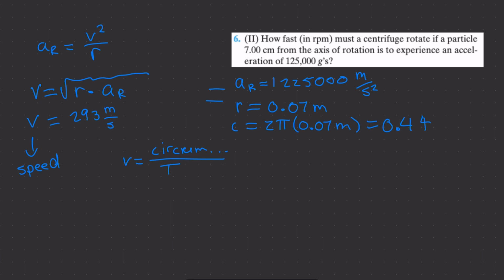And given my velocity, I can now take this setup and say that the period must be circumference over my velocity. Make sense, guys? I just multiplied both sides by t and then divided both sides by v so I can isolate t.